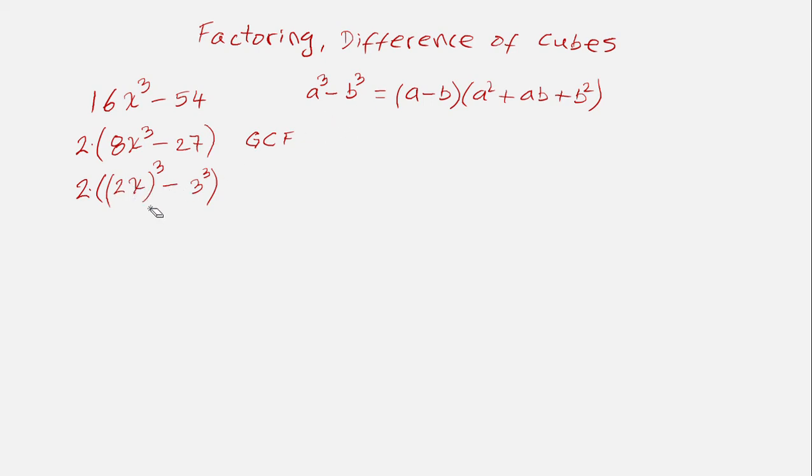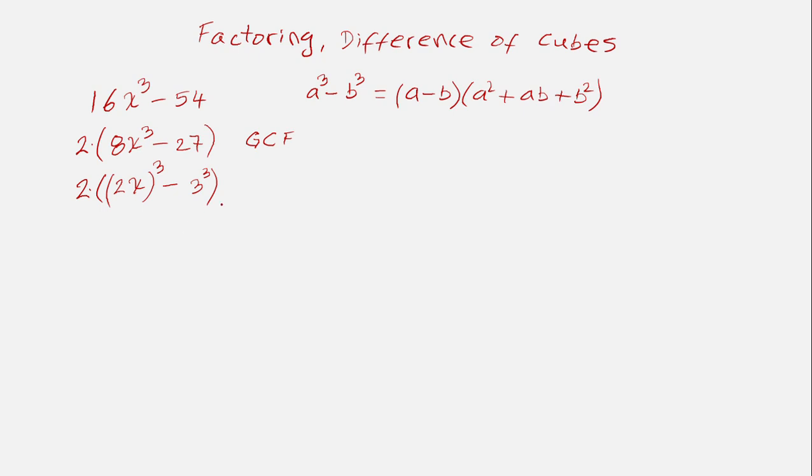We have something cubed minus something else cubed. That's exactly what we have here. In our case, what's under the first cube is 2x, and so that's our a. What's under the second cube is 3, so that is our b. So all we need to do now is follow this formula.